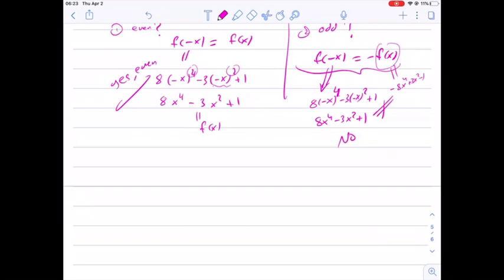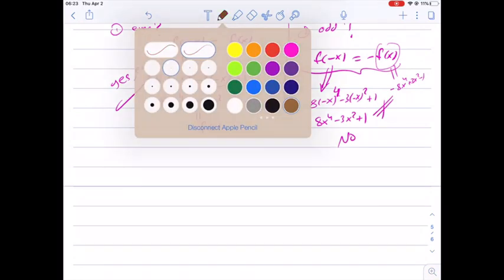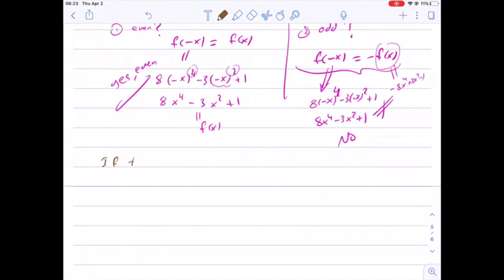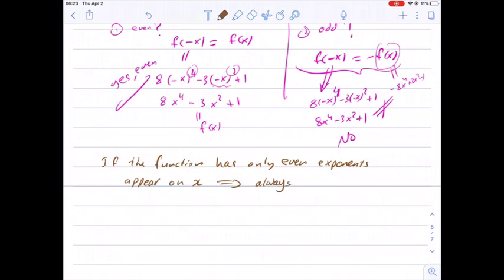Now if the function has only even exponents appearing on x, then it is always even. So let me write it here. If the function has only even exponents appearing on x, then it's always even.